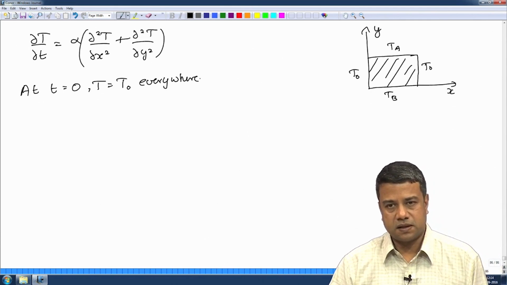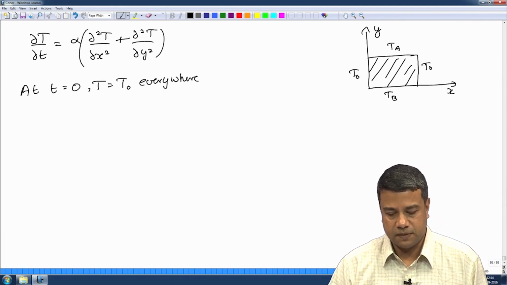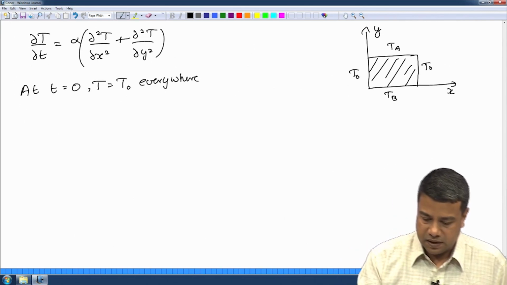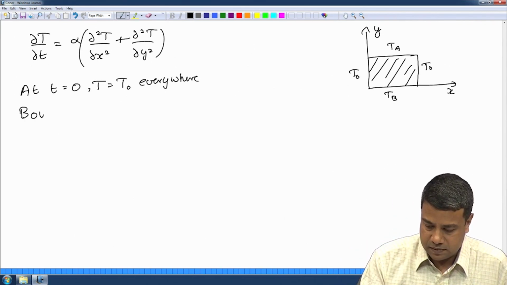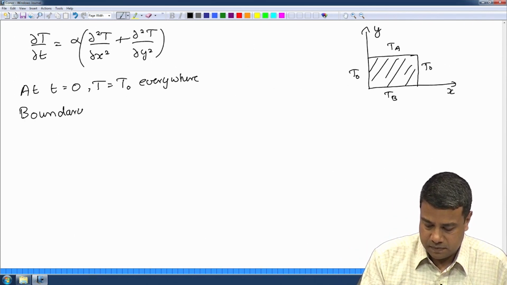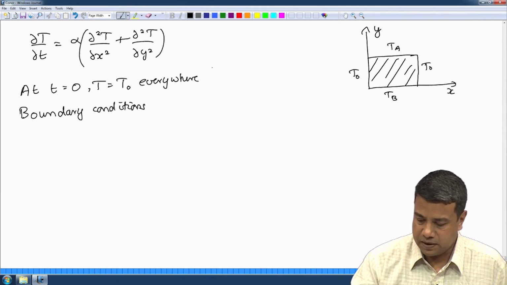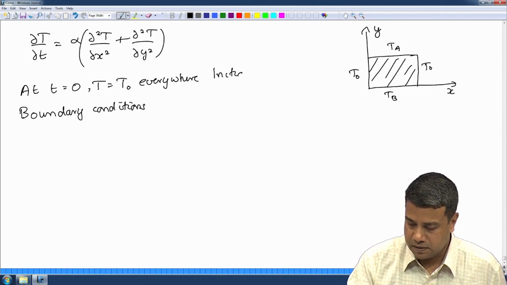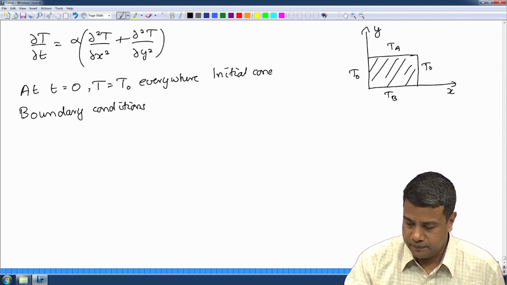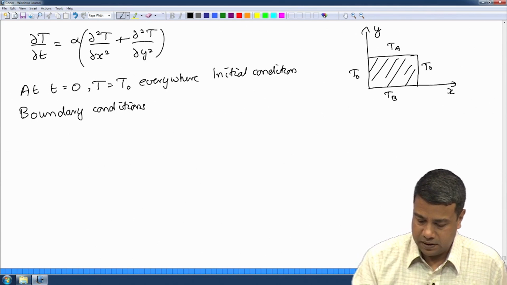Okay, so, this is the condition at time t equal to 0. This is the initial condition. Then I have the boundary conditions. Okay.